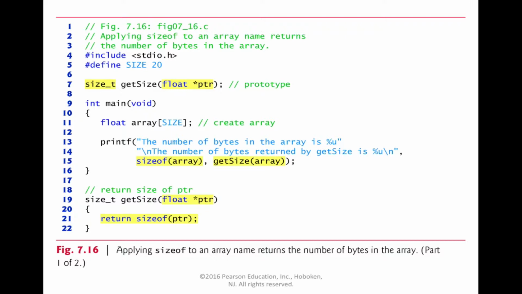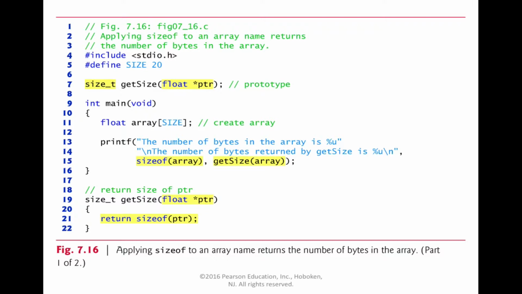It is going to return a size_t value. We are going to set up a float array to hold 20 items. The number of bytes in the array is going to be sizeof array.